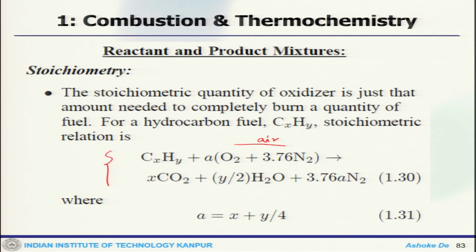You can find out the balancing and get those numbers A, X, Y. When you say the equation is stoichiometric, that means there is a balance between oxidizer and fuel which is required for this compound to burn with air, that is, A amount of air is required, which is enough to burn the fuel completely.